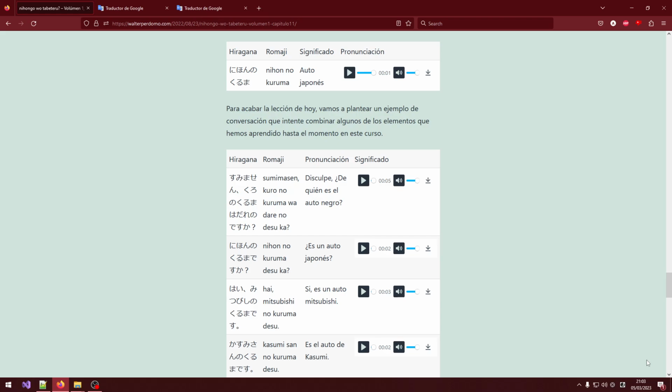This conversation is quite accurate. This is something that you would hear in real life. Excuse me, whose is the black car? Is it a Mitsubishi car? Yes. Is it a Japanese car? Yes, it is. Oh, that's Kasumi's car.